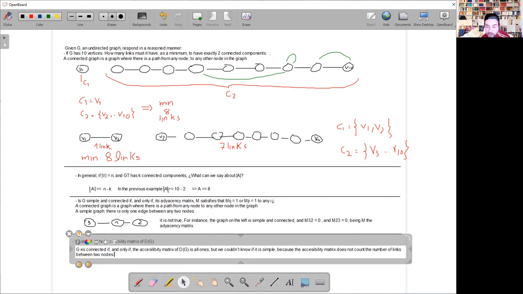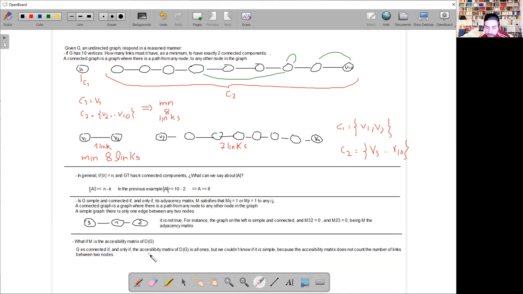If you need to review what is the accessibility matrix and what is the adjacency matrix, please check the previous exercises from the previous lectures. There are some videos where I explain this in detail, and we calculate these matrices.